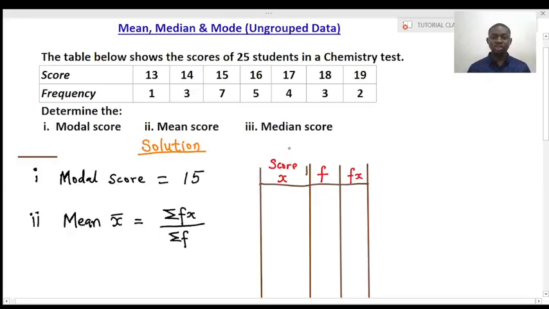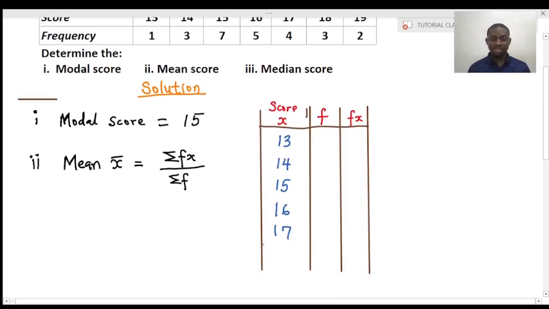We list the scores 13, 14, 15, 16, 17, 18, and 19. The frequency of each is 1, 3, 7, 5, 4, 3, 2.